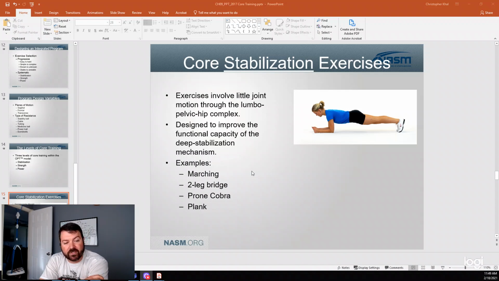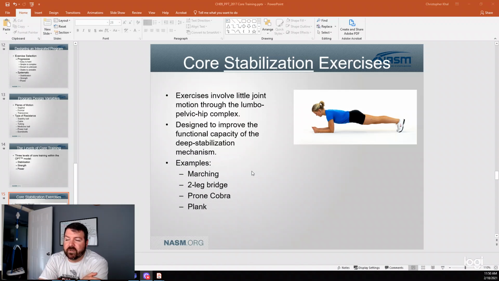It's a good starting exercise. This is one of the first exercises they make someone do after back surgery, usually within like 2 or 3 days. Okay, that's one of the first exercises. It's very minimal. It works a good amount of those deep core muscles, especially your stabilizing ones. Two-legged bridge.